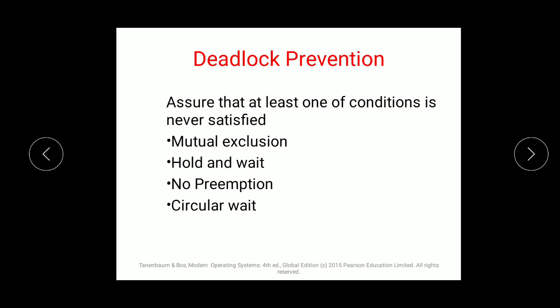Hold and wait. Hold and wait means until somebody is working on a resource, another process has to wait for the remaining needed resources that are presently being held by another process. So even if I require that resource, I should know that somebody else is using it, so I have to wait in a hold and wait condition.